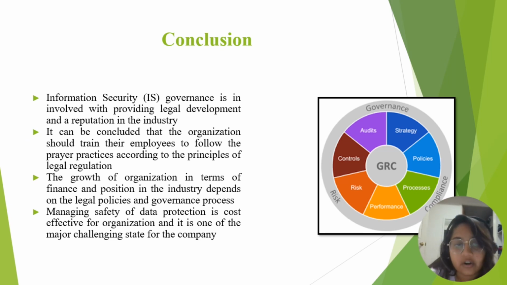The growth of the organization in terms of finance and position in the industry depends on the legal policies and governance process. Managing safety of data protection is cost effective for the organization and it is one of the major challenging states for the company.